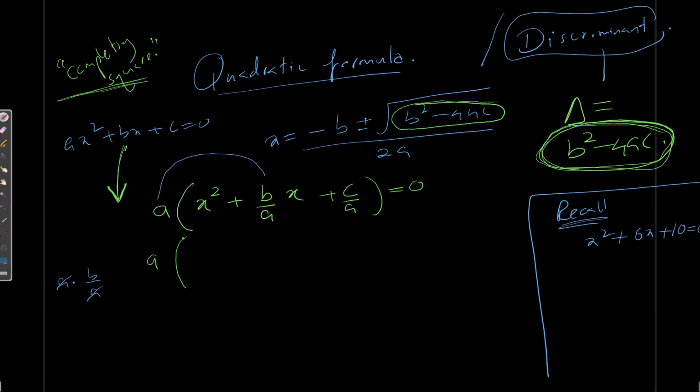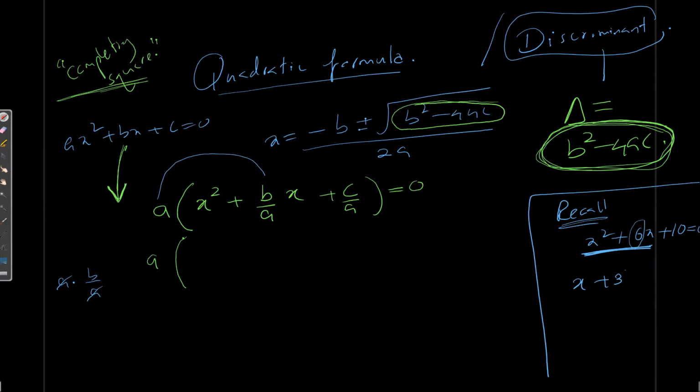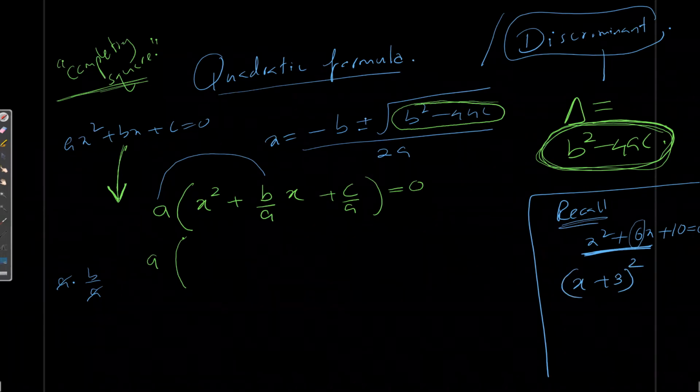This is not a perfect square. By completing the square, you take these two terms, so x plus, you take this coefficient and divide it by 2. 3, then squared. Now in your mind or in a separate place, you check what this is. That's x squared plus 6x plus 9, right?